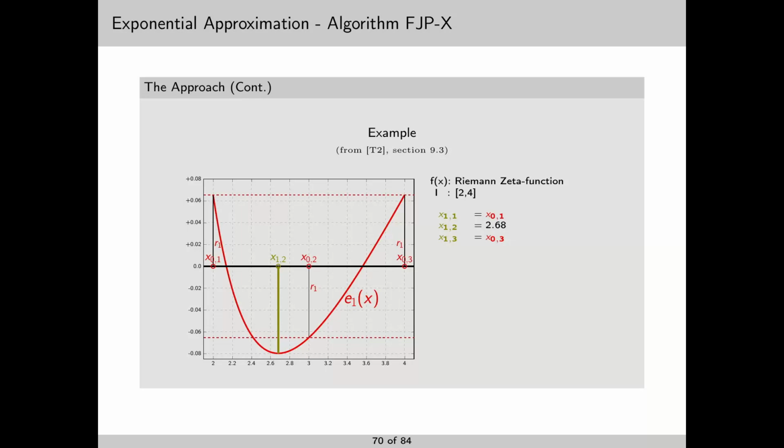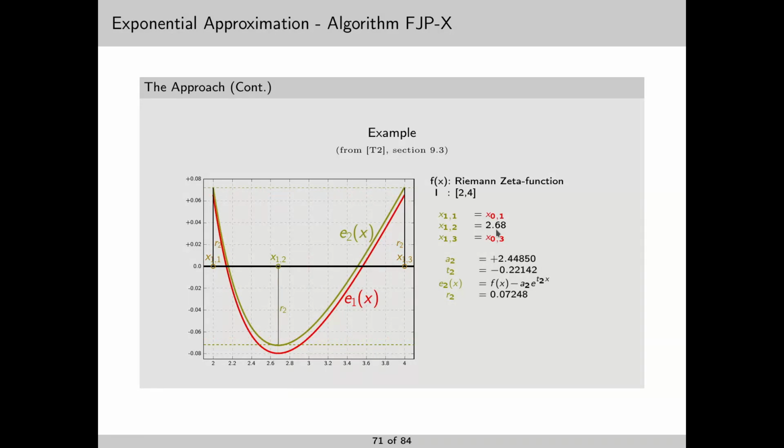To calculate a better approximation, the extrema of error function e1 are selected. x12 instead of x02, x11 and x13 are the same as before. They are the elements of set x1.